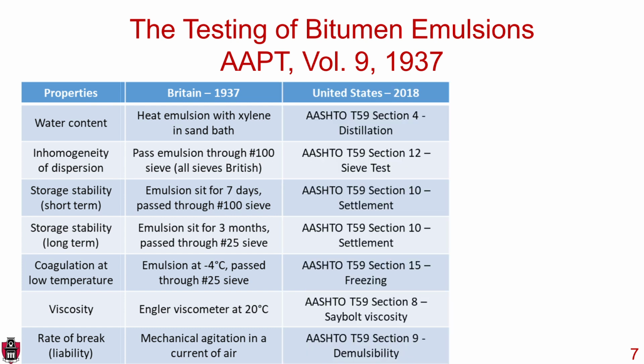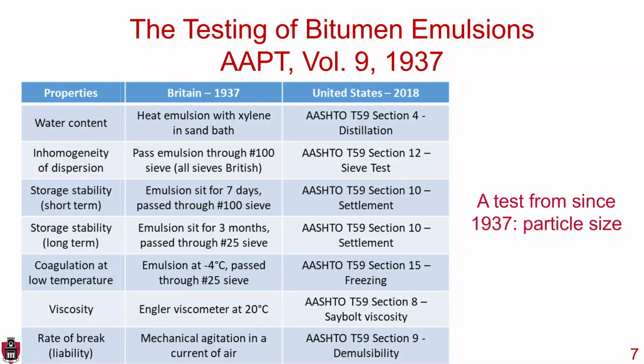Now, if you take a look at AASHTO T59, you can directly link several of those tests to tests that were developed in the 1930s or before. That means that a lot of the tests that we're using for asphalt emulsions and quantifying their characteristics are 80, 90 years old. That's absolutely insane.